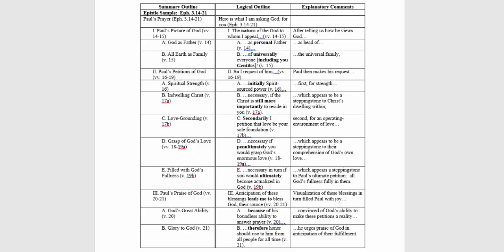Keep in mind that logical outlining is admittedly a very sophisticated process. That doesn't mean it's something to stand up and be proud of. It means it's a lot of work. So, for example, when you're done and you've got a logical outline that just takes a page, chances are it has taken you hours to get there. So don't underestimate it. It means that you have dove deeply into the passage. The passage has permeated your mind and soul deeply.